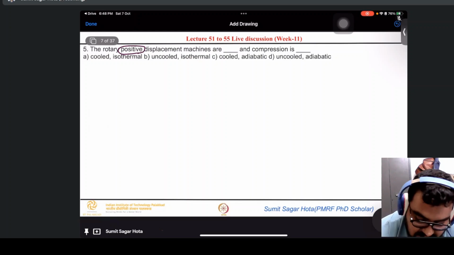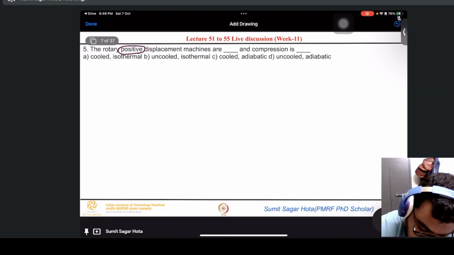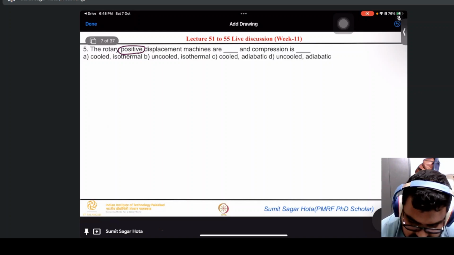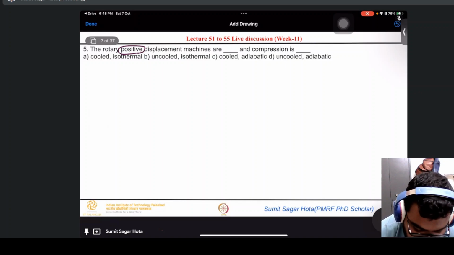Some other mechanisms are there for cooling. So the answer is uncooled. Always remember, in most cases like rotary compression displacement machines, we are assuming adiabatic conditions; isothermal is mostly not there. We are considering there is no heat transfer in this kind of system. So it's uncooled as well as adiabatic.